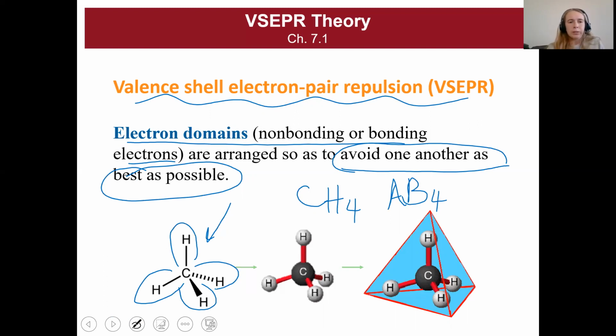And those bonds contain electrons, of course. In a single covalent bond, we have 2 electrons. So there's a pair of electrons in each of these bonds. And those electrons want to get as far away as possible from the electrons in the other bonds. The optimal shape for this molecule, for that to happen, is called a tetrahedral shape.